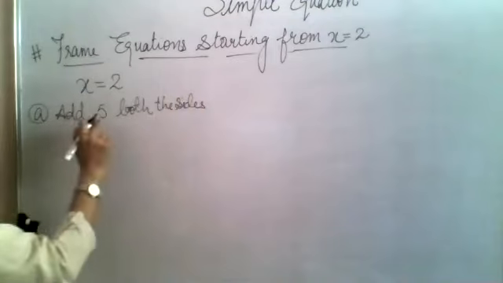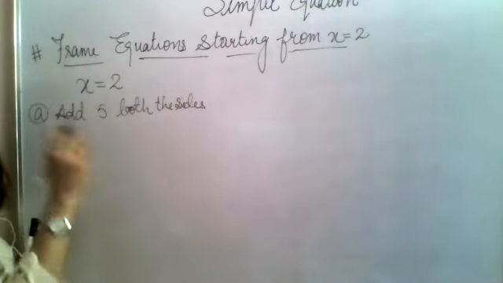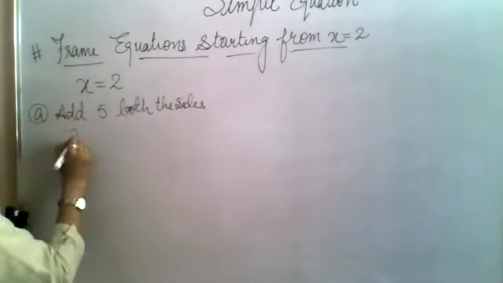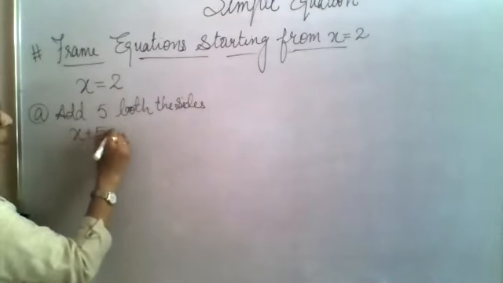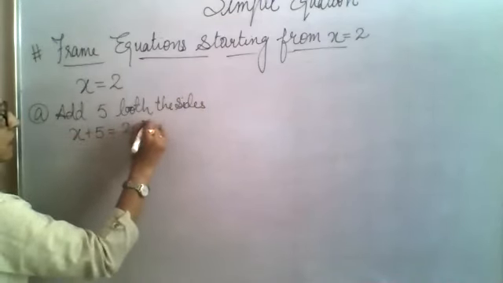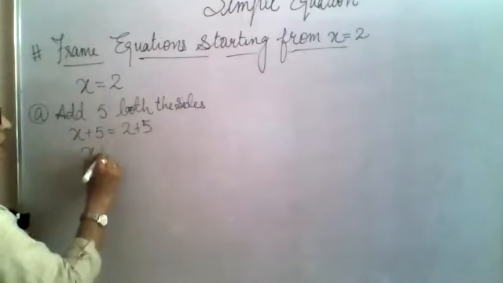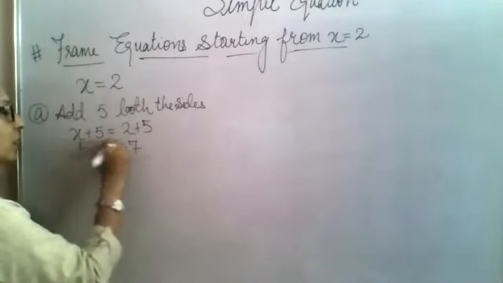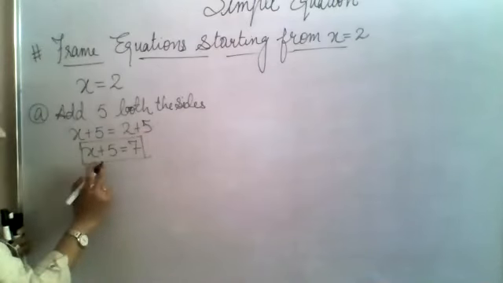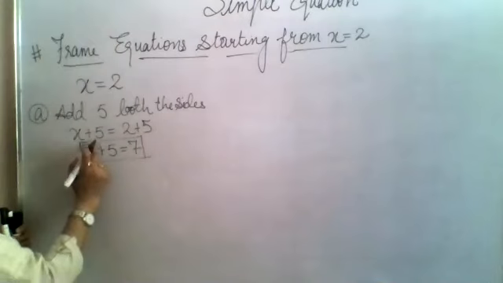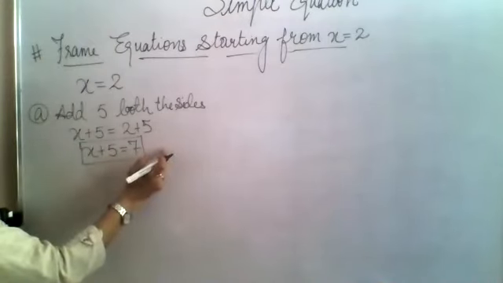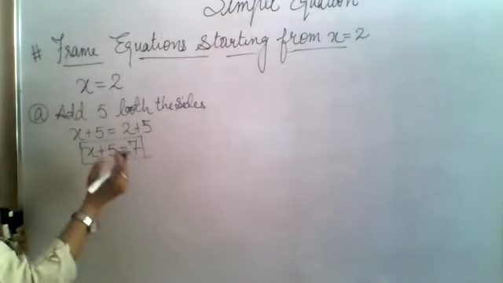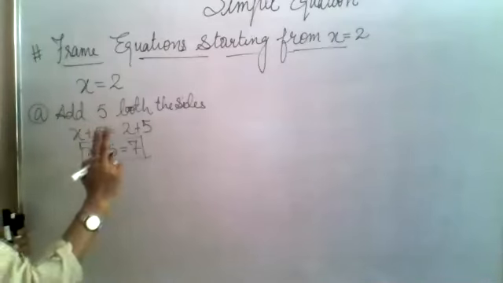You can take any number, 500, 1000, any number. So my equation will look like this. It should look different, but the answer should come the same. Now look here. The appearance is different, but when you solve, this plus 5 will go to that side, become minus, 7 minus 5 is 2. So x will come 2 only.